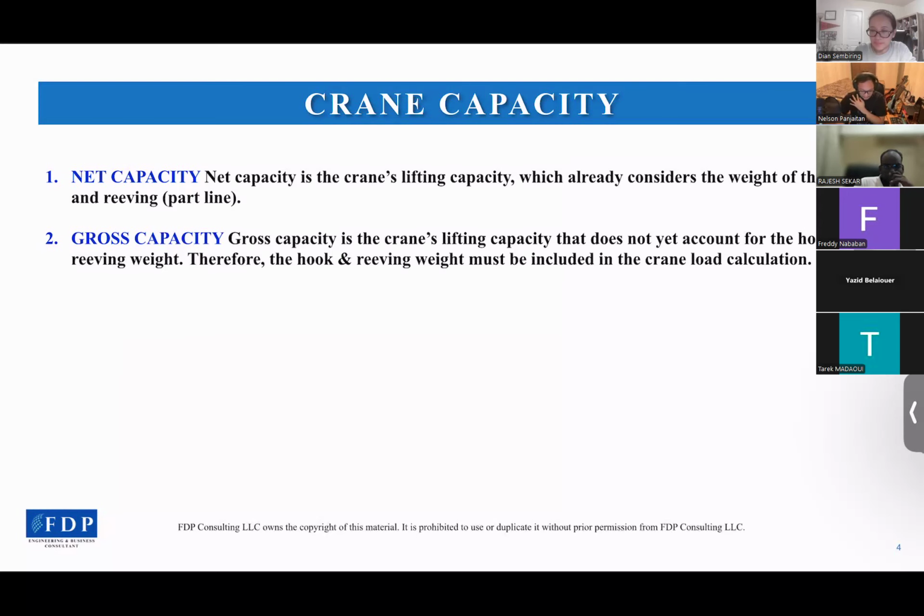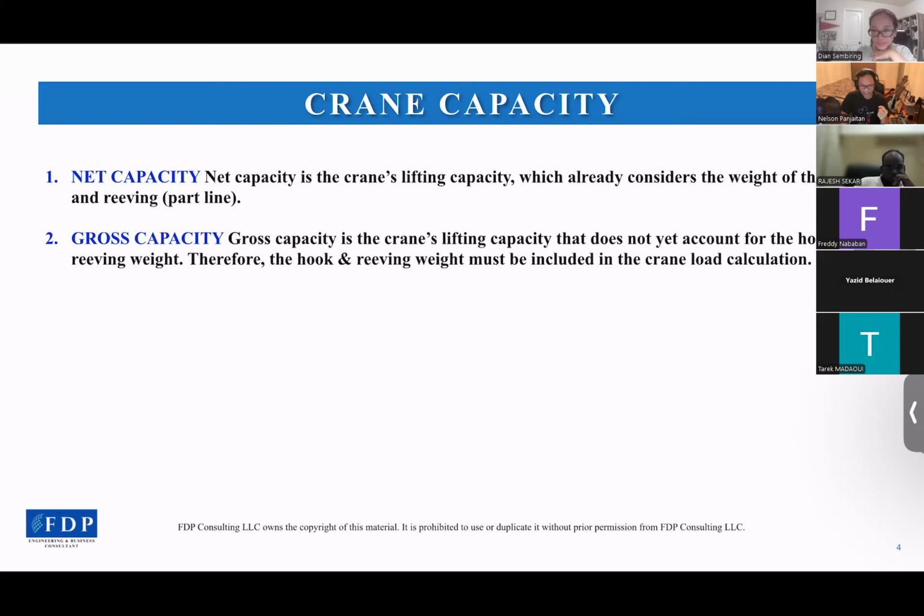In crane capacity, there are two types of capacity that we can see in the load chart. It depends on the crane's manufacturer. However, it is always mentioned in the catalog or in the load chart whether the capacity shown is net or gross.